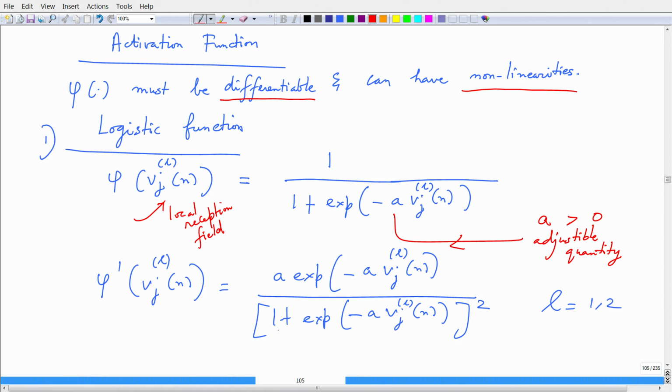This is straightforward. So, phi dash is basically a times exponential of something upon 1 plus exponential of something, squared, where something is minus a times the local reception field at neuron j in the Lth layer, and this holds for layer 1 and layer 2, because we are considering still a single layer.